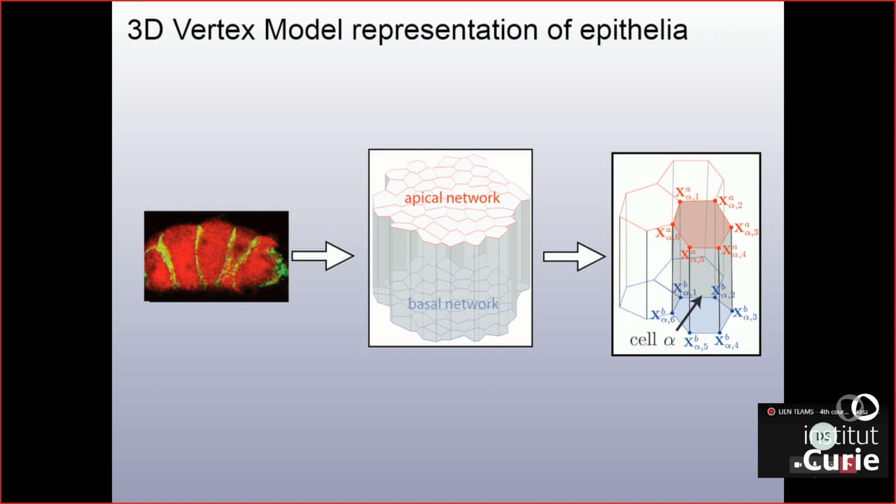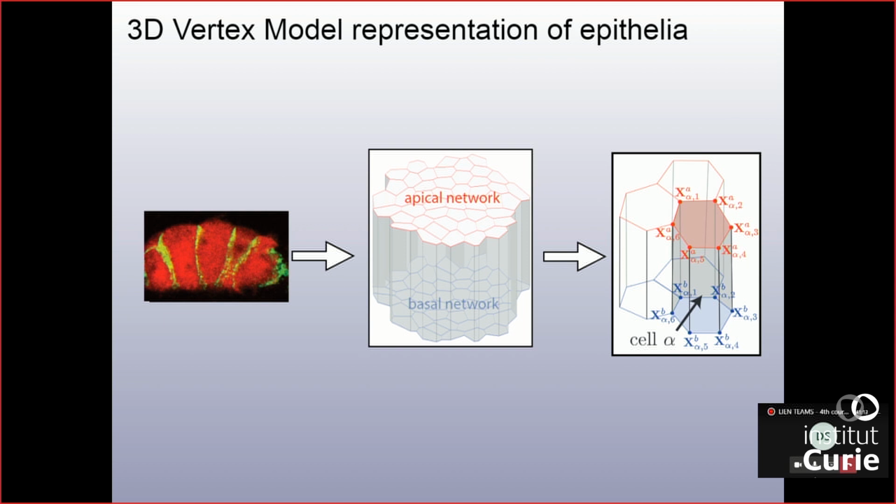So one possible approach is to use a vertex model, and here in particular a 3D vertex model, where one represents the tissue by a set of vertices, which are at tricellular junctions. And in order to capture the three-dimensional aspect of the tissue, these vertices can be apical or basal.